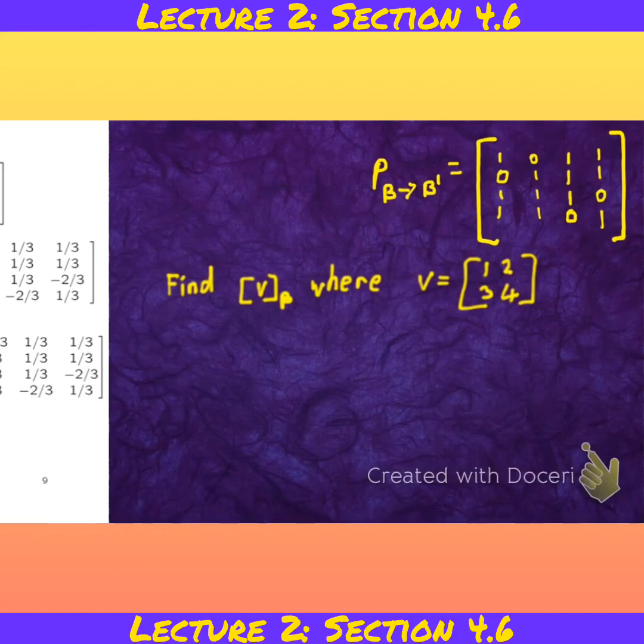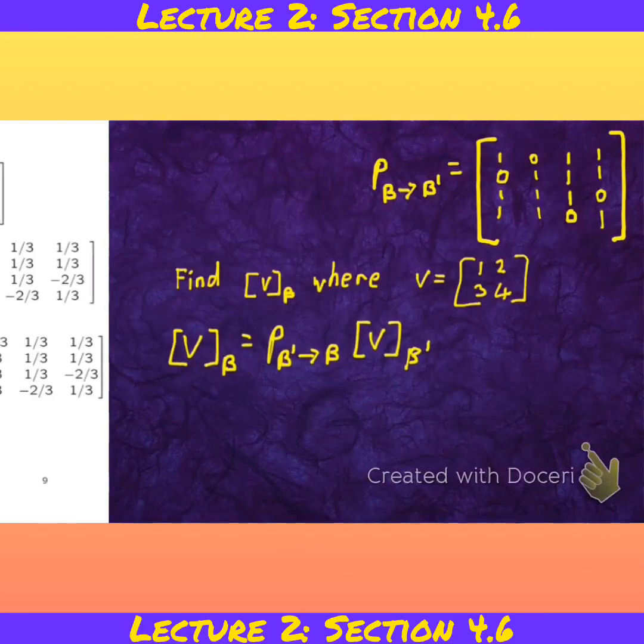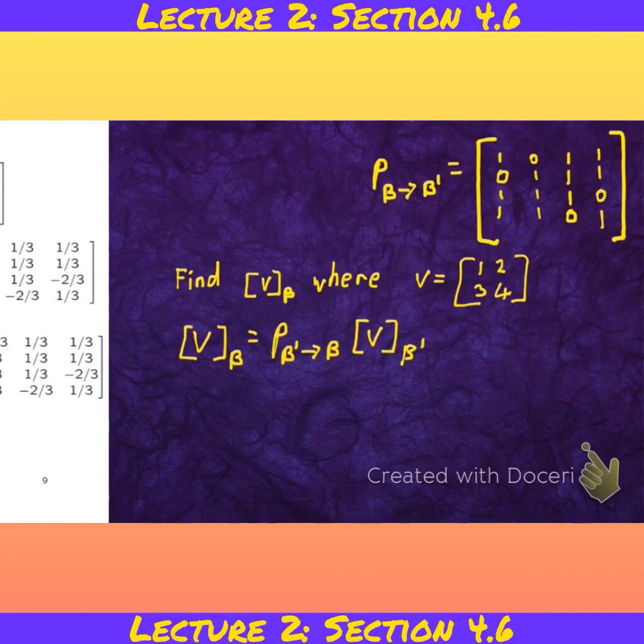Okay, for interest's sake, let's find the coordinate vector of V with respect to the basis B. And V is given as the vector 1, 2, 3, 4. We have that formula for the coordinate vector of V with respect to B, and it's given as that.